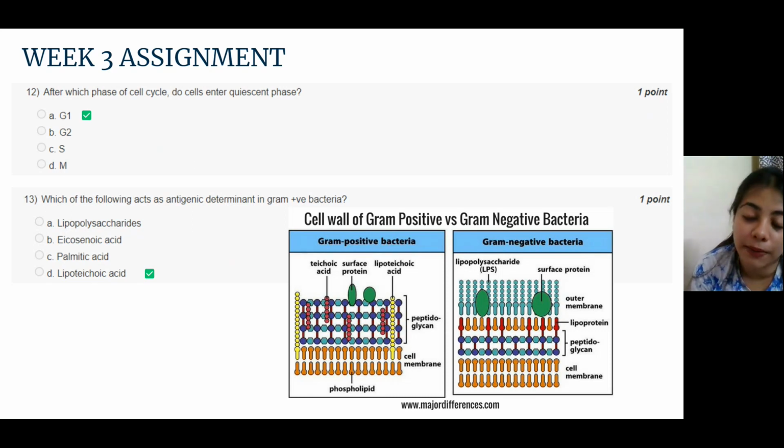The figure also shows, and by the lectures that have already been discussed by Professor Trivedi, you can see that lipoteichoic acid is the actual antigen present on the gram-positive bacterial cell wall, and therefore it serves as a recognition site, providing epitopes to which antibodies can bind, and is therefore the antigenic determinant. So this is one of the distinguishing characters between these two types of cell walls.